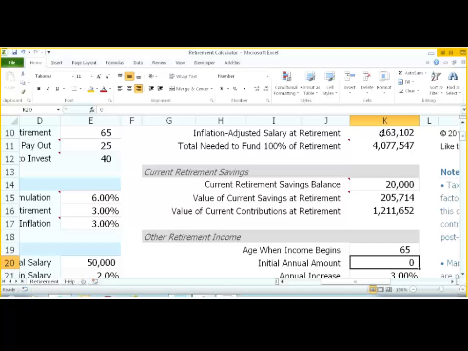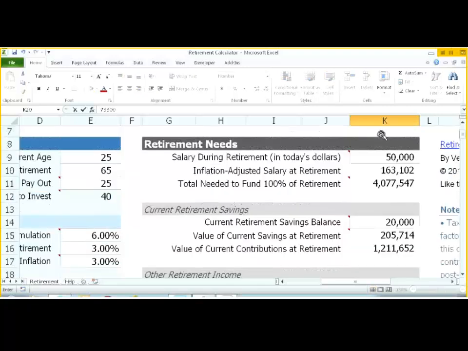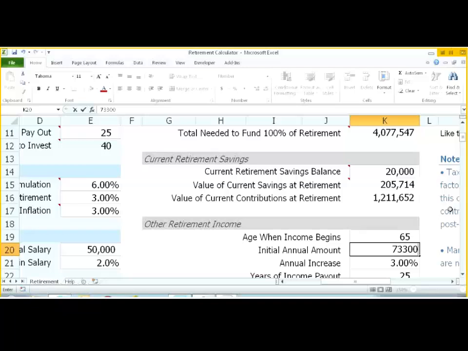Now, the initial amount when I retire should be based more on this inflation-adjusted salary. So if Social Security is doing its job, which we don't know, you guys are in more trouble than I am, unfortunately. What I'm going to do is put in 45% of $163,000, so my Social Security should be $73,000.